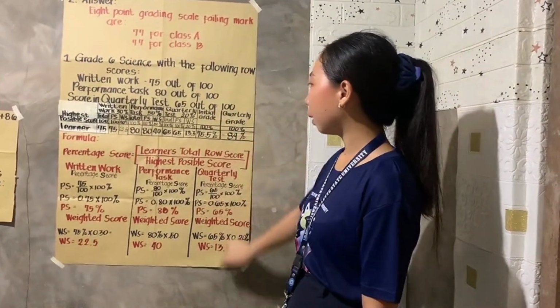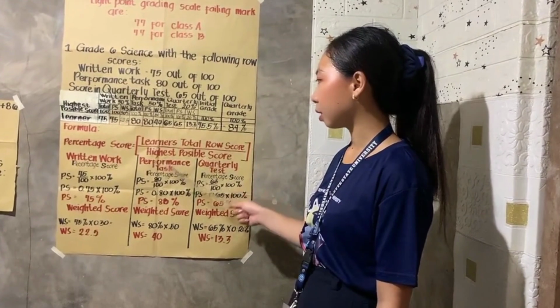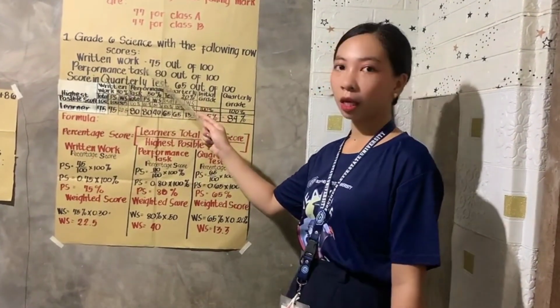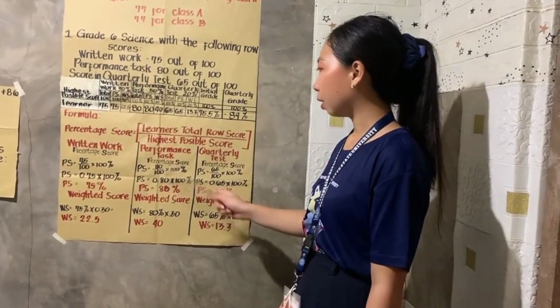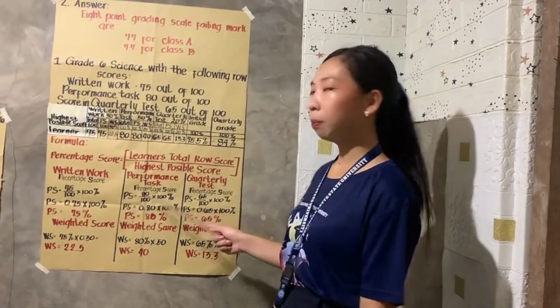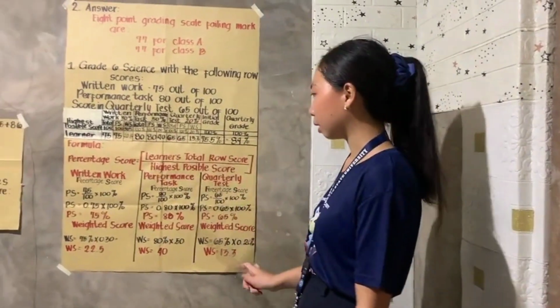The same formula in getting the performance task. So in the performance task, they got 80 out of 100. So the percentage score is 80 divided by 100 multiplied by 100%.